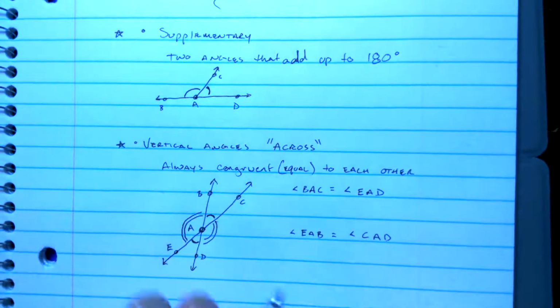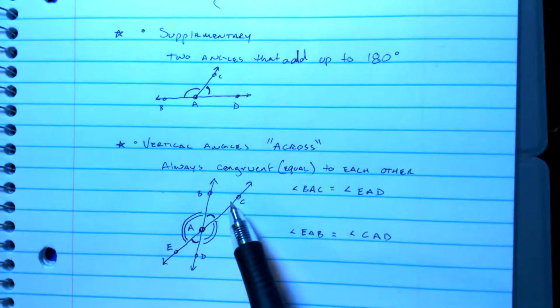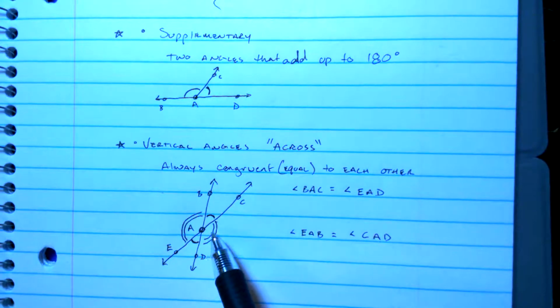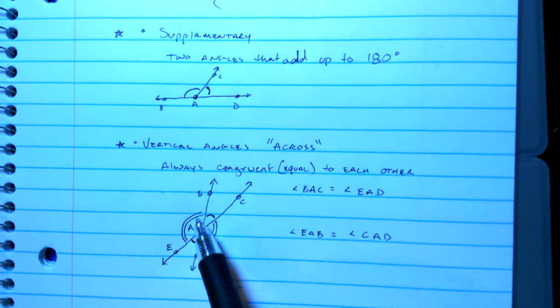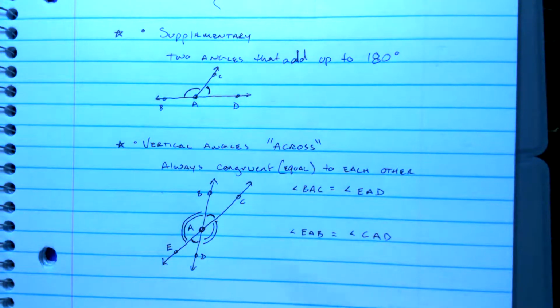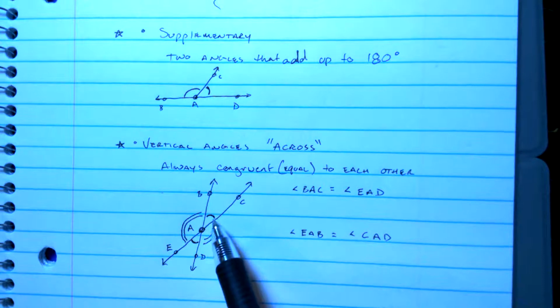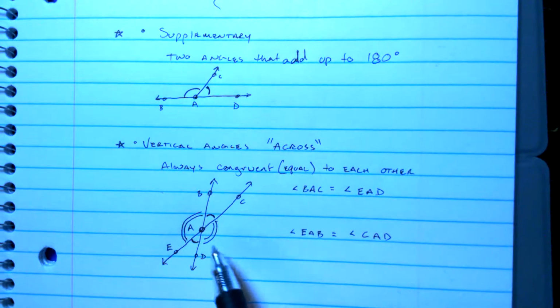Okay, so these two here, 1, 2, those two right there are going to form a supplementary pair, as well as these two. Those two form a supplementary pair as well. But the big thing here is that we know that vertical angles are congruent to each other, or equal. So that way we can use that and make some mathematical sense out of it.